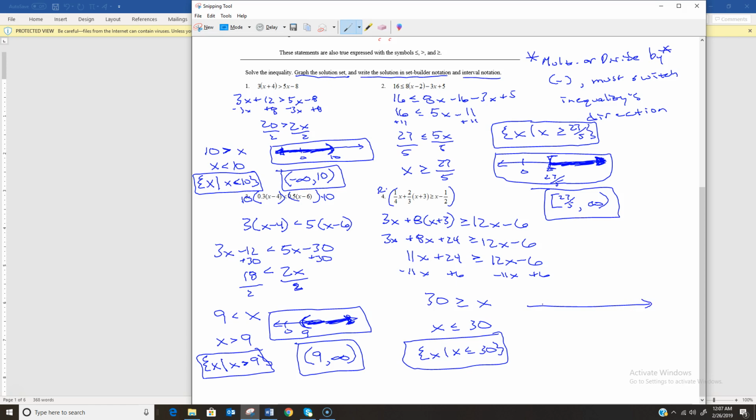Graphing it, I would include 30, but go to the left, so hard bracket at 30, and then shaded left. And then last but not least, our interval notation starts at negative infinity and goes to 30, including 30 just like it did on the graph.